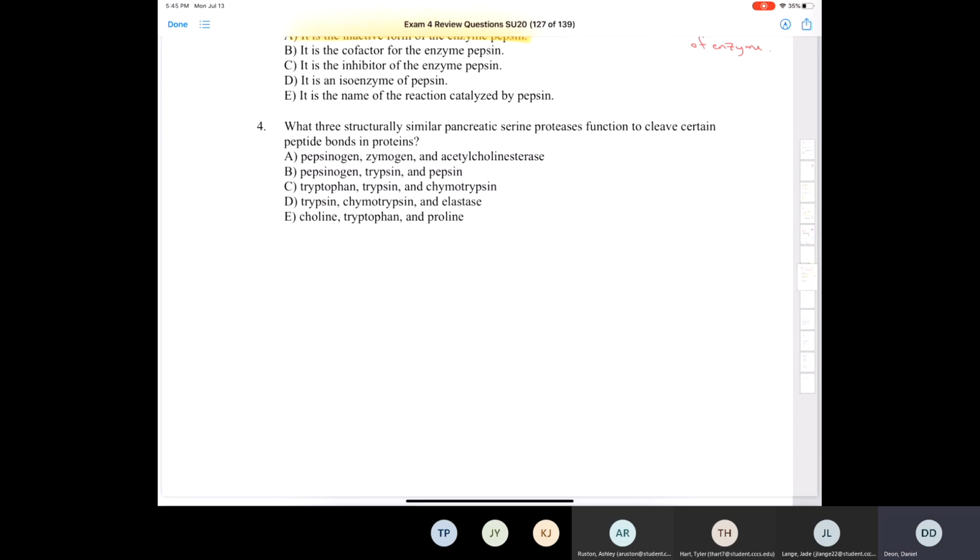Somebody says D. I think you are correct. The pancreatic serine proteases are trypsin, chymotrypsin, and elastase.